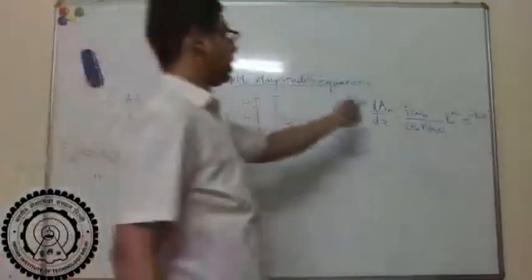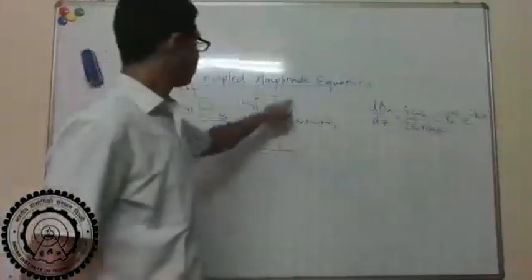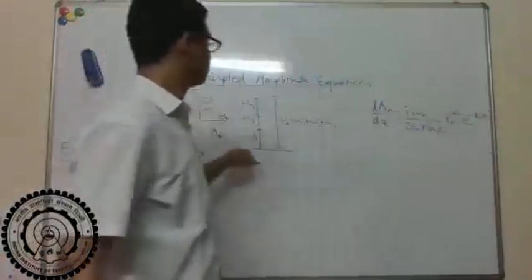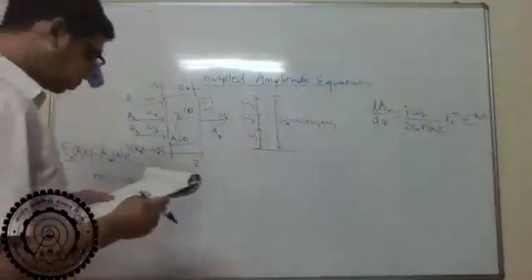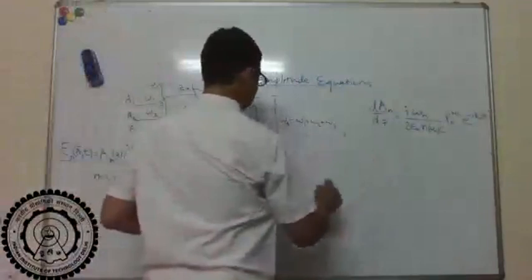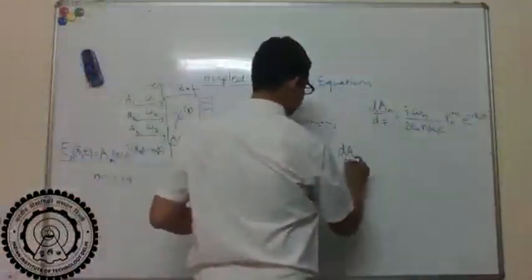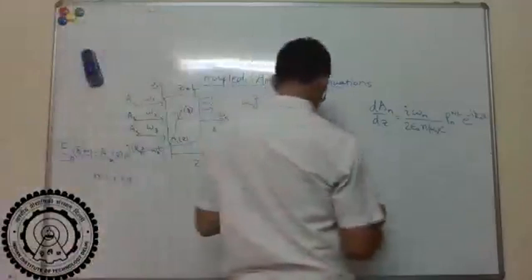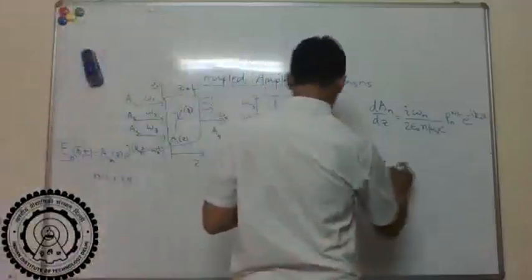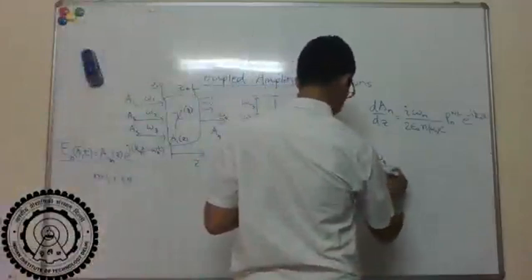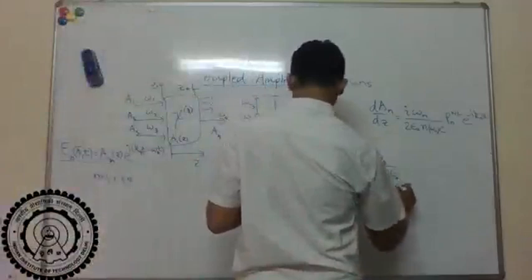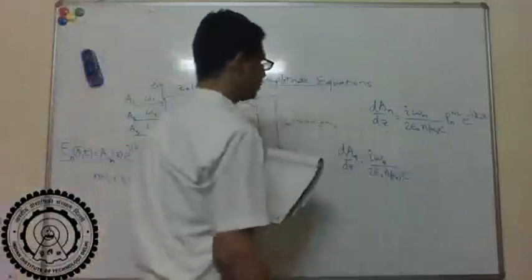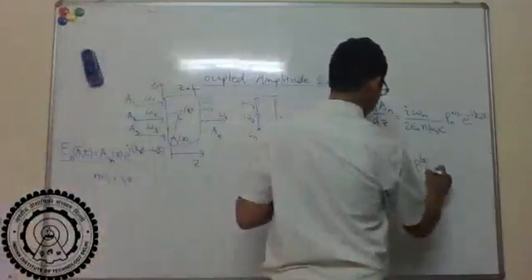For the nonlinear polarization, I know this is a chi3 interaction, and I can write the third order polarization corresponding to it. So if I put n equal to 4, I can write dA4 by dz, which is the wave at frequency omega4, times the third order polarization at frequency omega4.